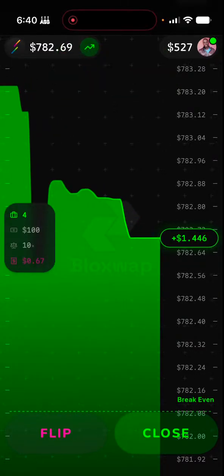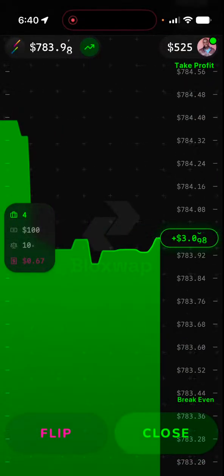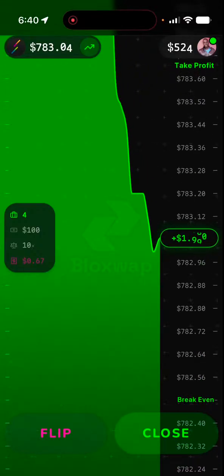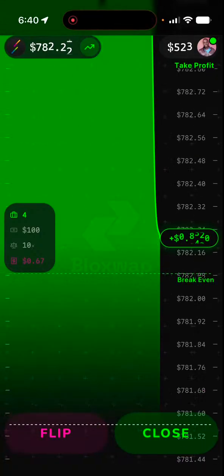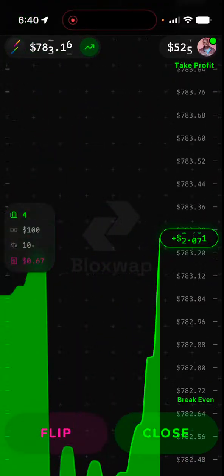Man, it's already $1 in. What did we get that Lumentum out at? 117. So that's 2 plus 7, 6. Yeah, about close out at about 10. I wonder if I should set the take profit to be take profit and above, but I think it hits immediately. It just takes a second for the screen to update.